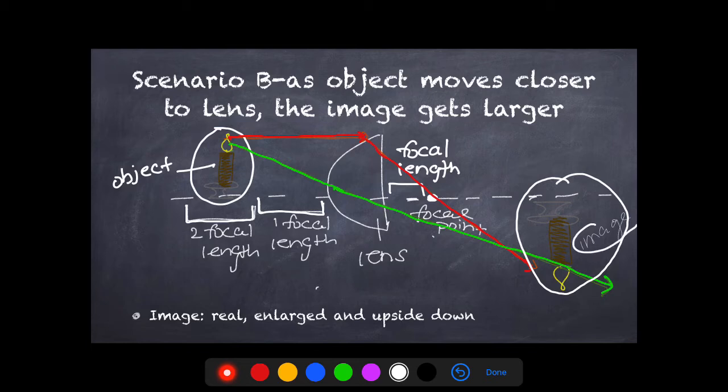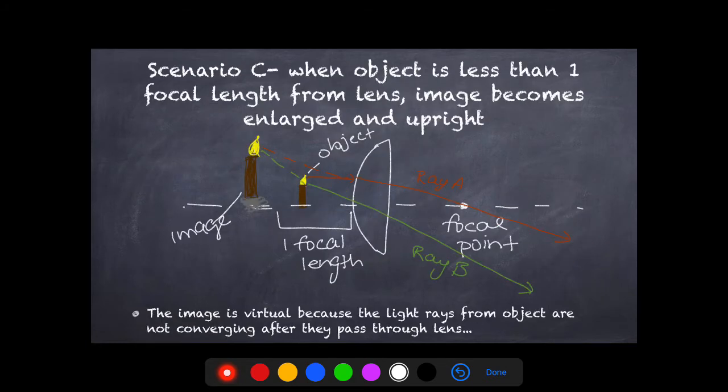So this is my object, and then this is my image right here. So anytime you have an object that moves closer to the lens, the image is going to get larger, okay? In this scenario, the image is real, it's enlarged, has become a lot bigger than the actual object, and it's upside down.